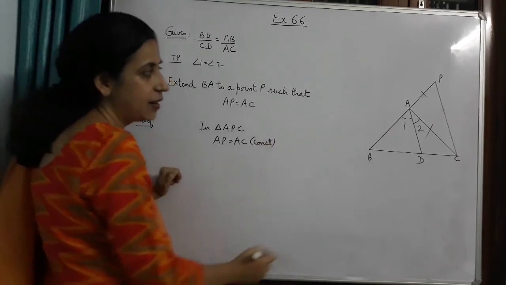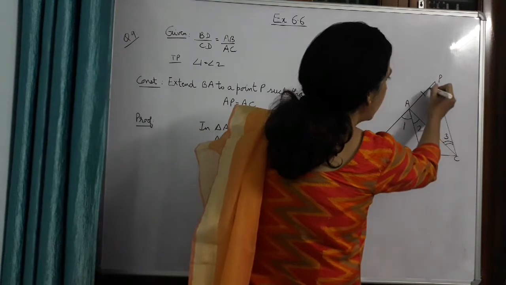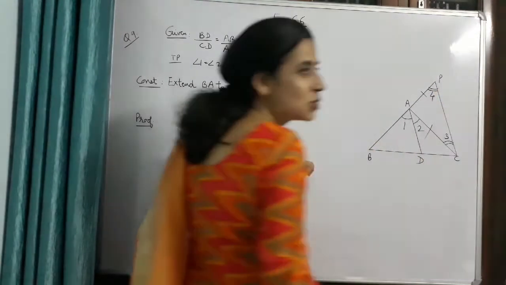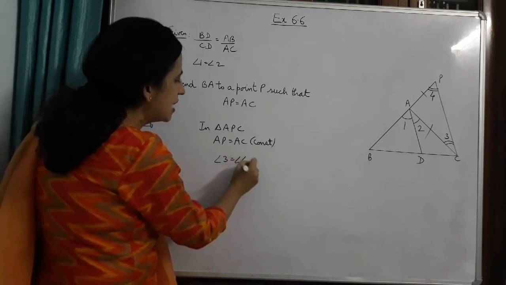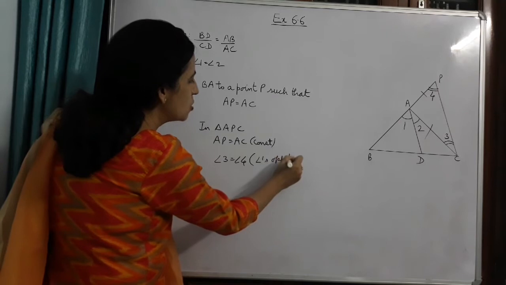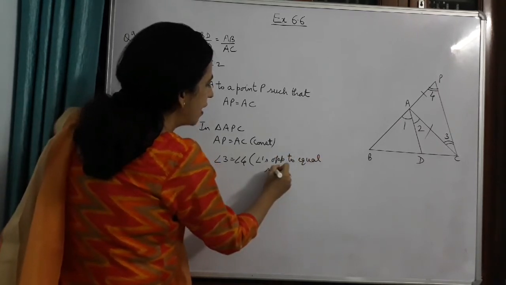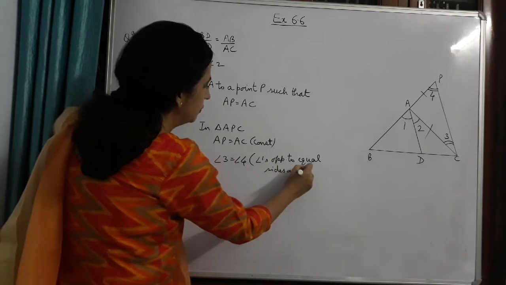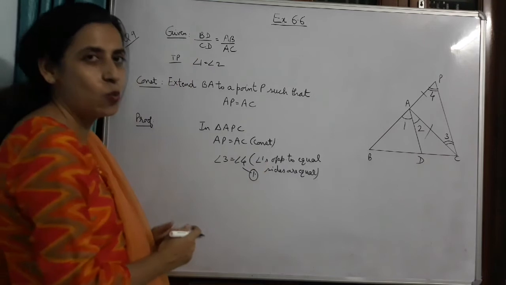So definitely angles opposite to equal sides will also be equal. So we obtain that angle 3 is equal to angle 4 because angles opposite to equal sides are equal. Let this be equation number 1.